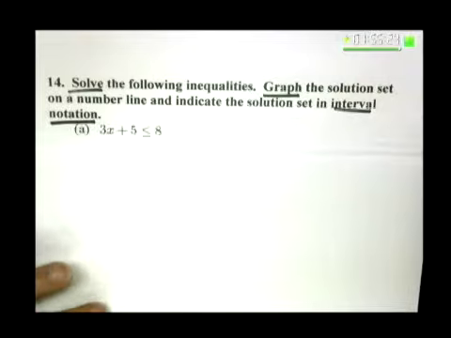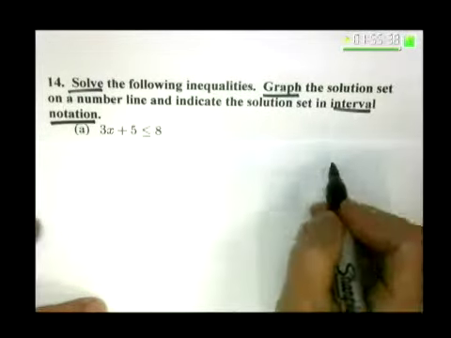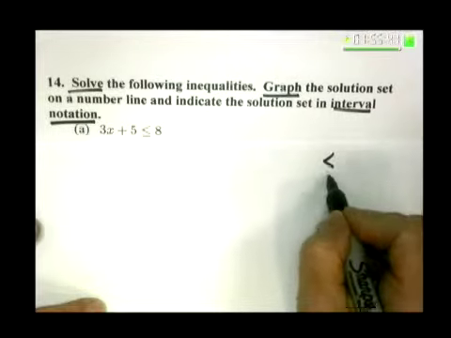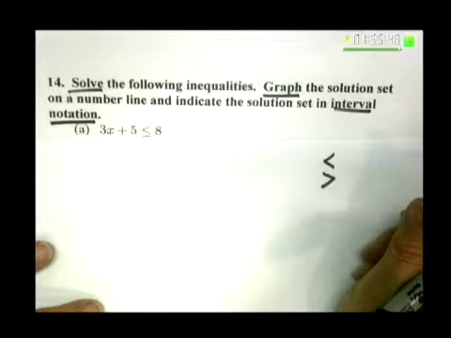Now when we're dealing with inequalities, the first inequality says 3x plus 5 is less than or equal to 8. What makes an inequality different than an equation is that you have either a less than symbol or a greater than symbol. That makes it an inequality. Okay?